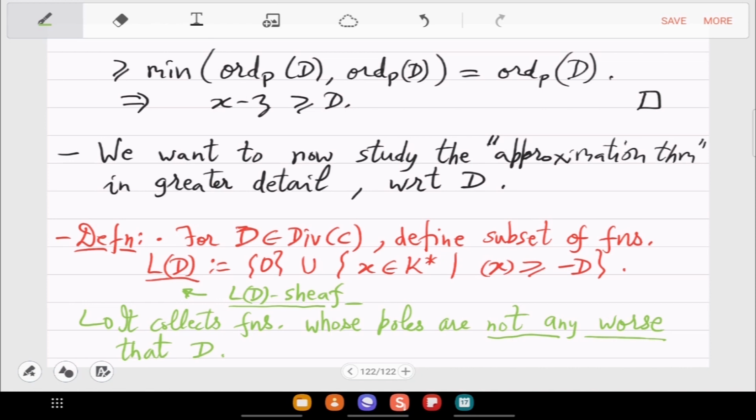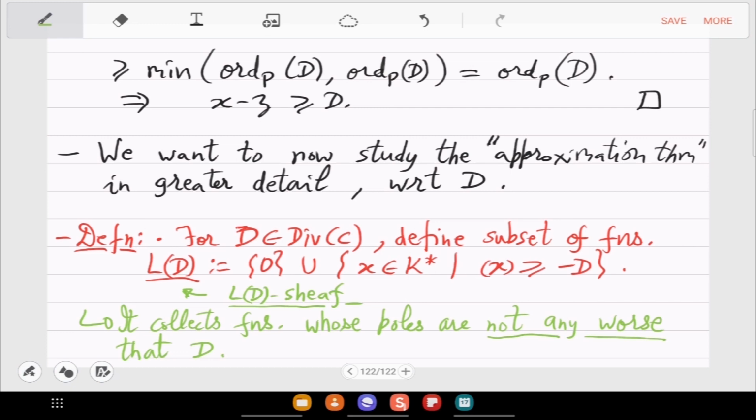It just means that if you look at the poles of x, there is possibly only one pole and it can only be P with multiplicity 1, right? There cannot be any other pole, because if x has some other pole Q, then x will have order minus Q, but minus Q cannot be greater than or equal to 0. Minus Q is strictly smaller than 0. So what this is saying is that collect all those functions whose poles are not any worse than the multiplicities that you see in D. This is what it is saying.